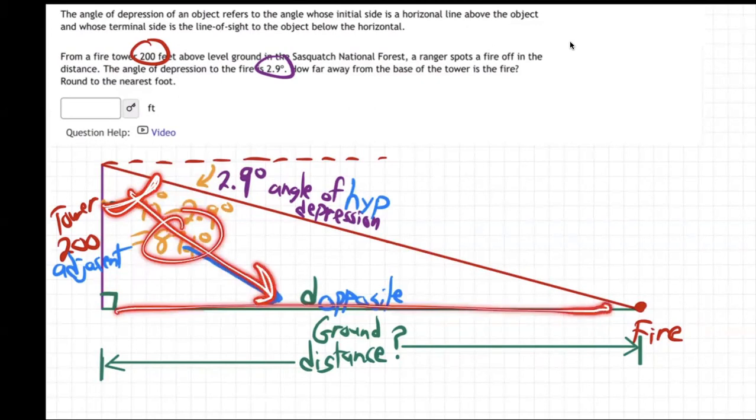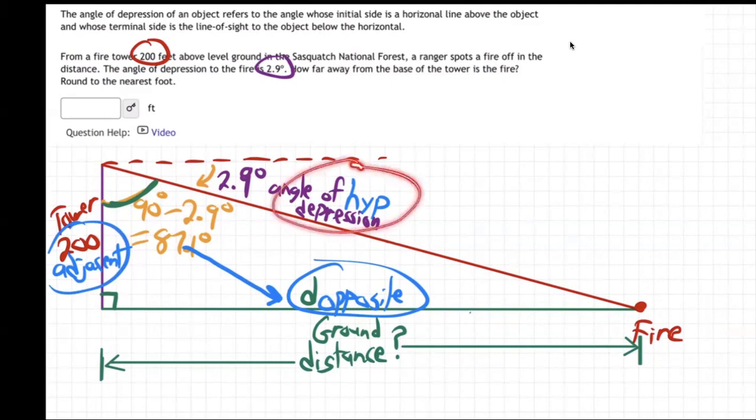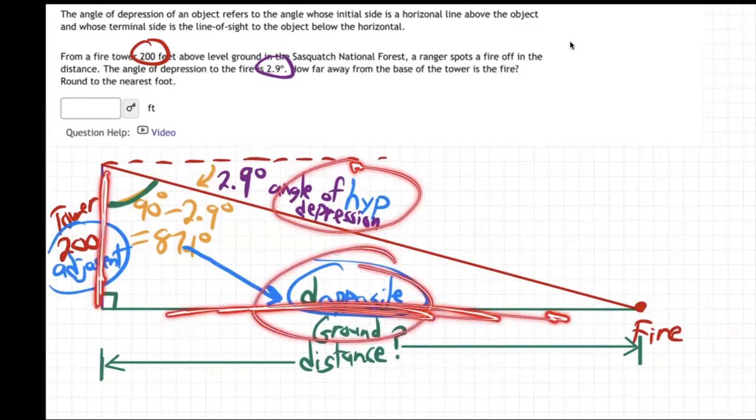It's across from the 87.1. This is the hypotenuse because it's across from the right angle always. And this last side must be the adjacent. So what two sides am I talking about? I'm talking about the opposite, D, which is what I'm trying to find. The adjacent is 200. I don't know the hypotenuse, nor do I want the hypotenuse. So I have opposite and adjacent.